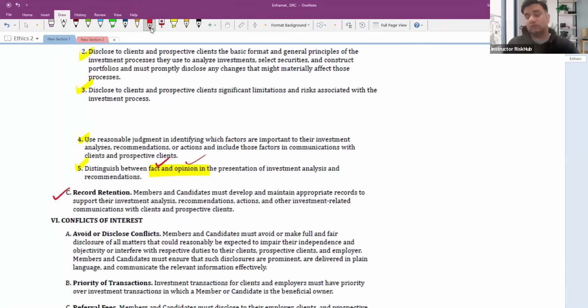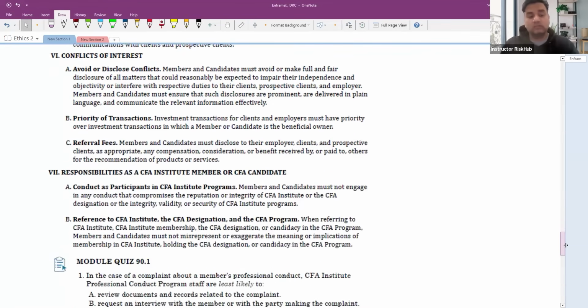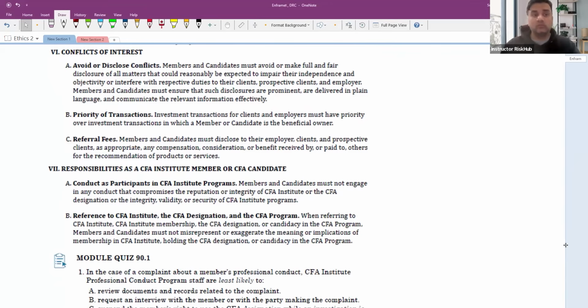Then you look at your conflict of interest. Basically, you avoid or disclose conflicts, with full and fair disclosure. You should use very plain language and prominence in the disclosure.